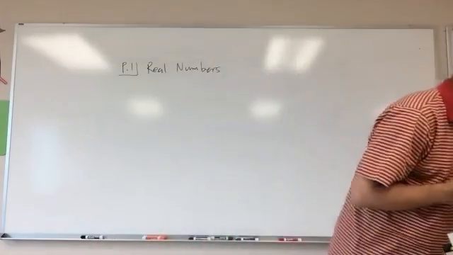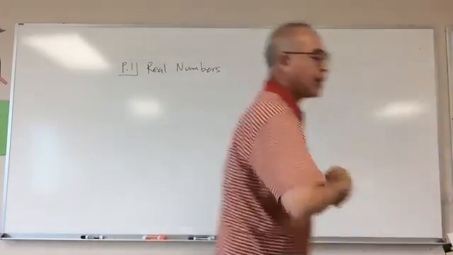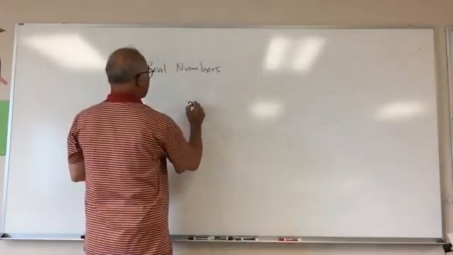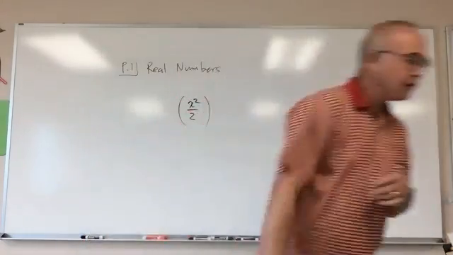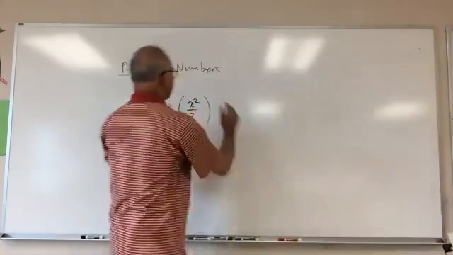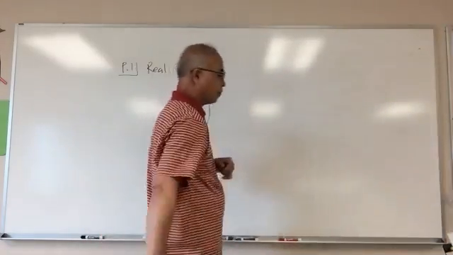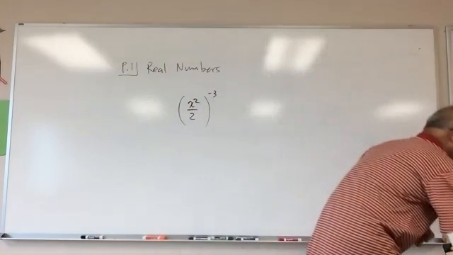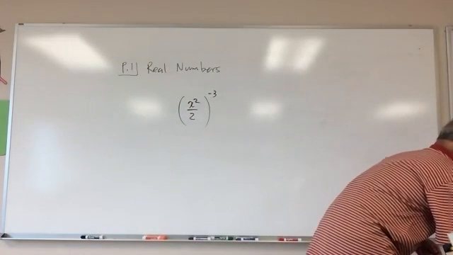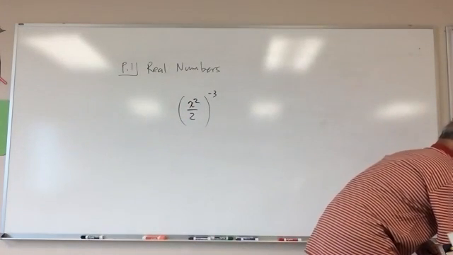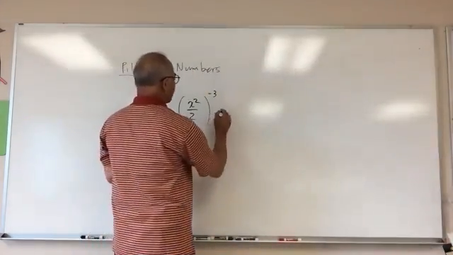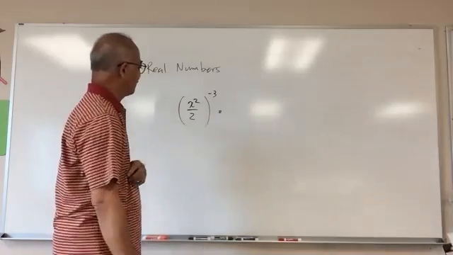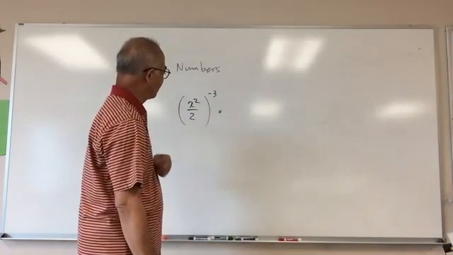I have x squared over 2 to the negative third. Brady, tell me how to do this. You start out by flipping the fraction.